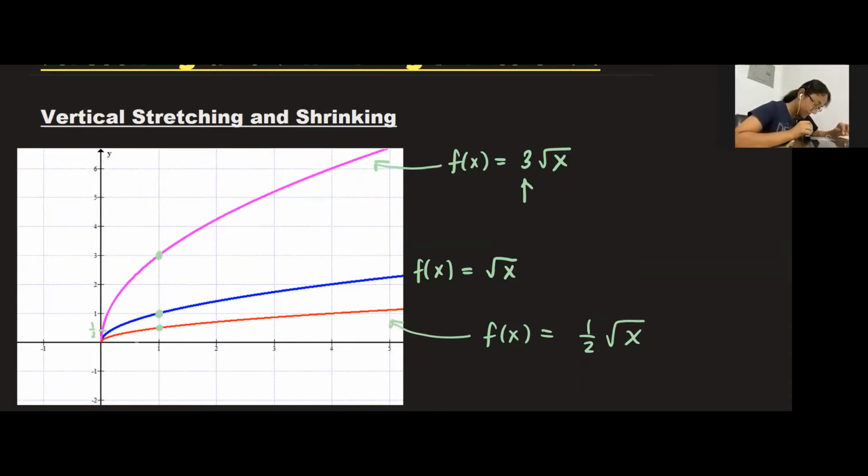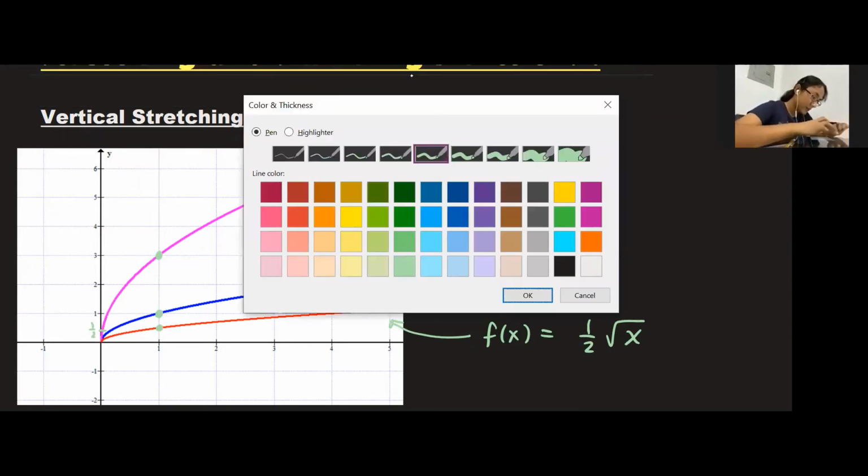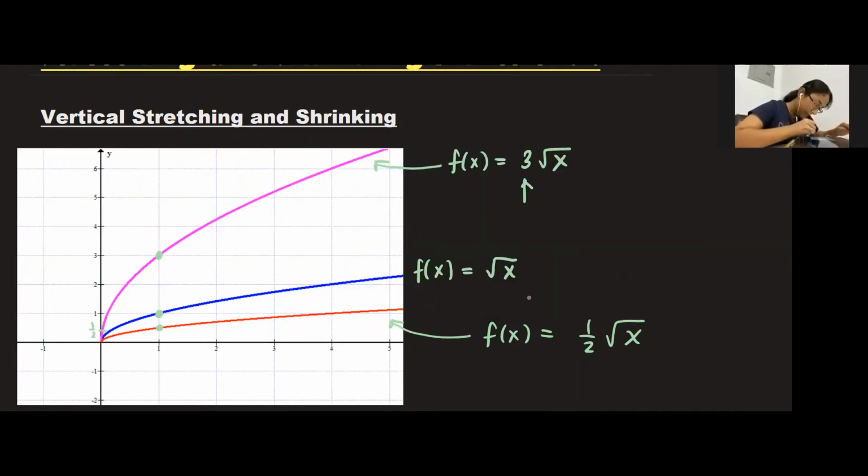So as you can see, if you grab the point (1, 1) that's on the blue graph, and you want to obtain the graph of 3 times square root of x, we'll be multiplying the y coordinates by 3. So you'll end up at the point (1, 3), and so on. Take a look at another point. Let's do something nice, like say 4.